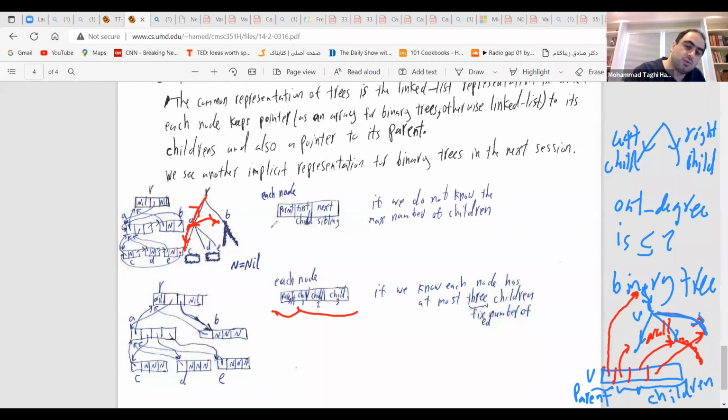This is also enough to do that. So you have one pointer to your parent, one to your first child, and the other one is called the sibling. Sibling means the children of the root. So you have a pointer to the next sibling.